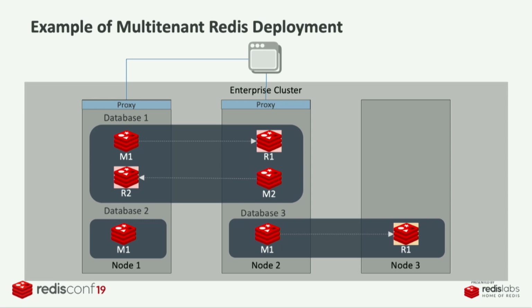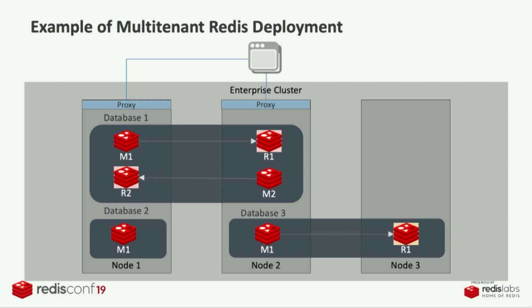So in terms of the Redis Enterprise deployment, in general, we use a proxy because it allows us the operational efficiency to balance things. But we also get the advantage of doing something called multi-tenancy on the database deployment. So with multiple nodes in a 3-node configuration, I could have a logical Redis database, database 1. It has 2 master shards. It has 2 slave shards, so it allows us for failover.